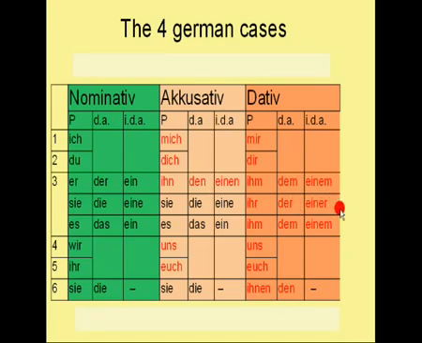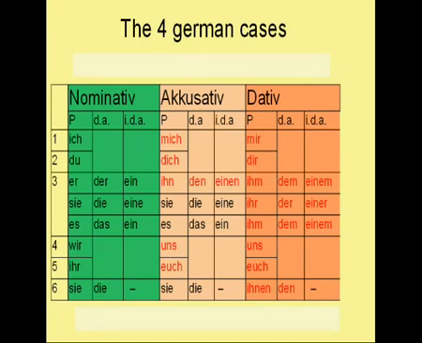If a neuter noun is the indirect object of a sentence, it has the definite article dem and the indefinite article einem. And nouns that are the indirect object of a sentence, meaning are in the dative case and are in plural, have the definite article den and have no indefinite article when they are in plural, just like in English.